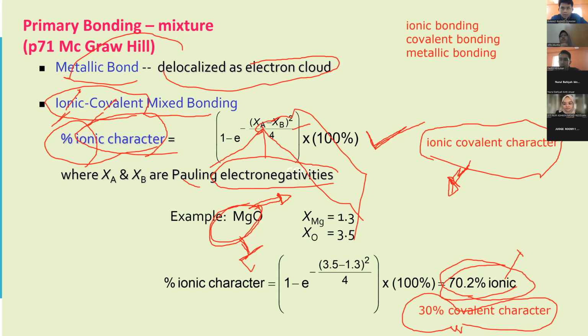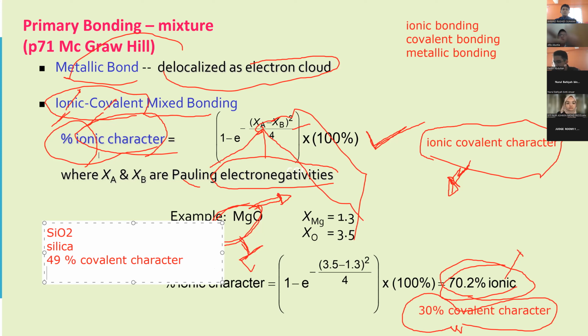Like silicon oxide, silica, it has 49% covalent character, correct me if I make a mistake, and then 50% ionic character.